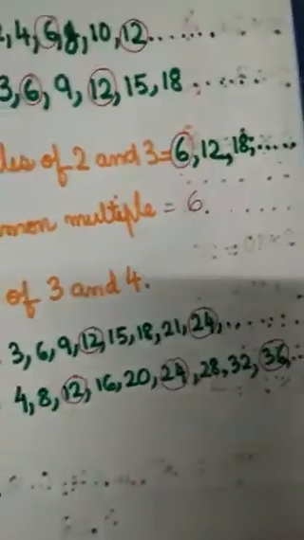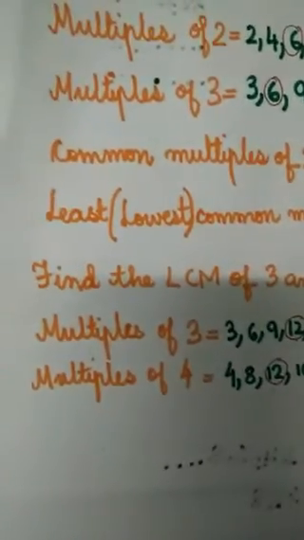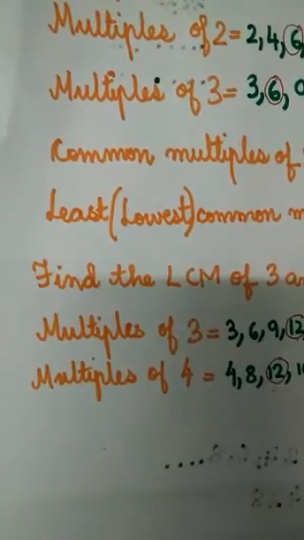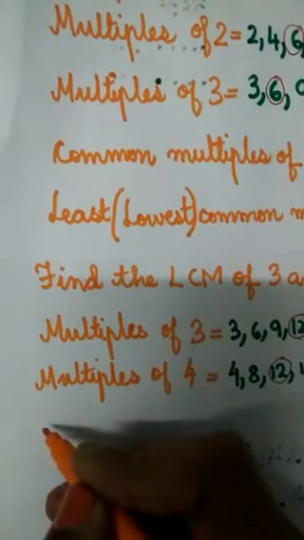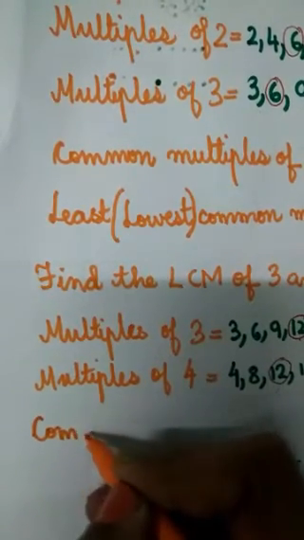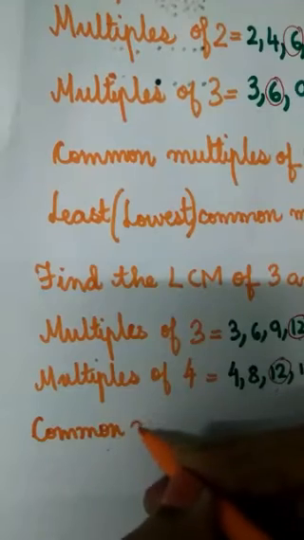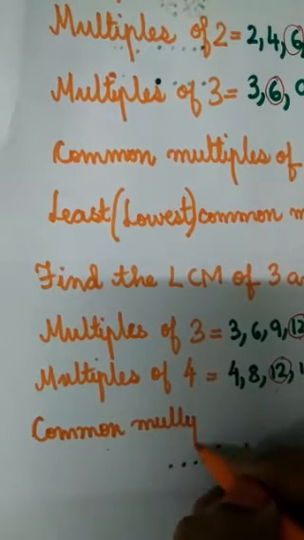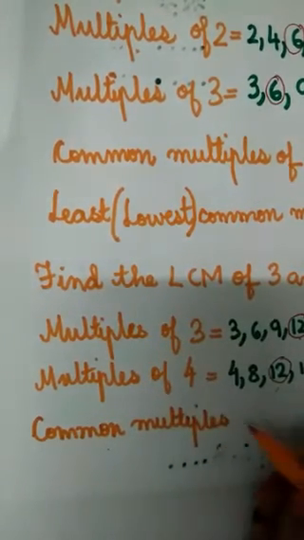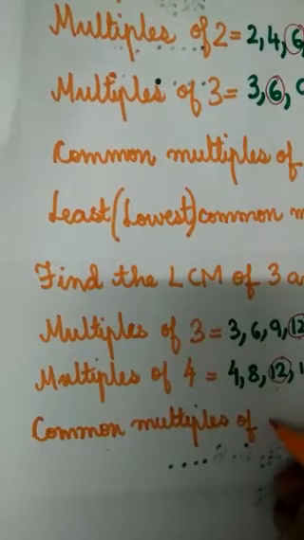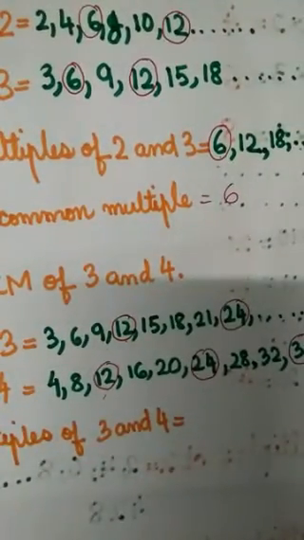Okay, so let us write the common multiples first. That is how we should write the steps. The common multiples of 3 and 4. What are they? You have just found out.